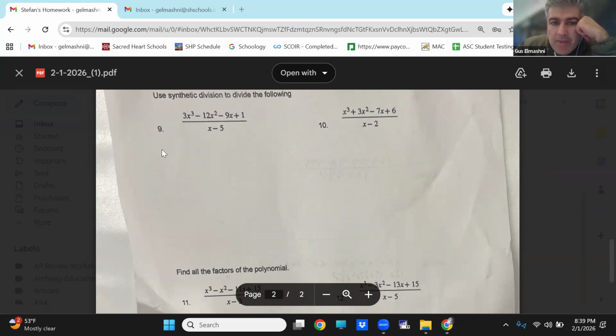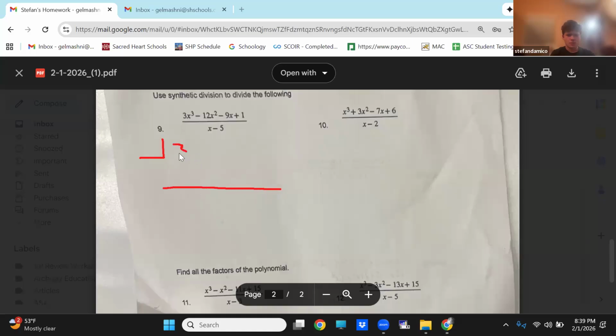Now there's another process called synthetic division. Did you guys do this in class? Maybe. What you do is you assume x minus 5 is a factor at the top, meaning 5 is an x-intercept. Okay.